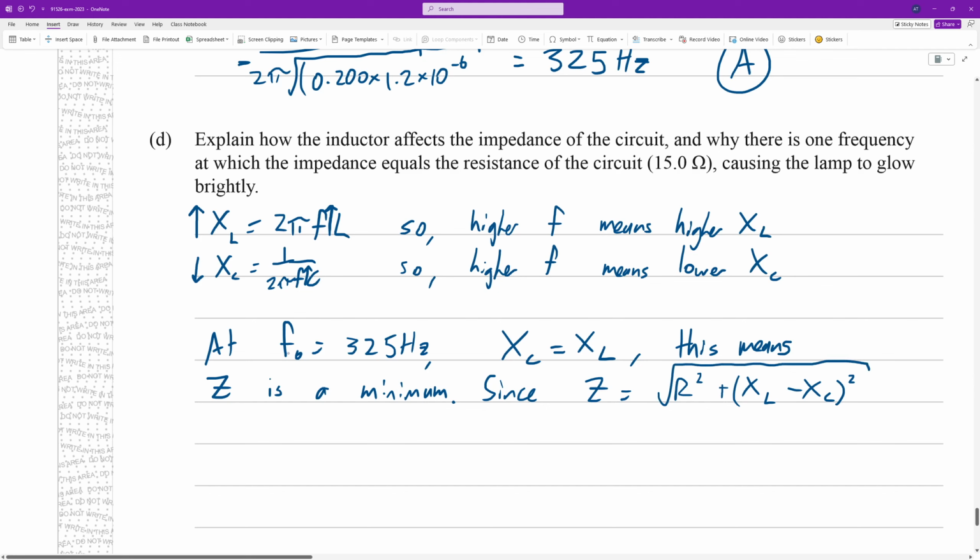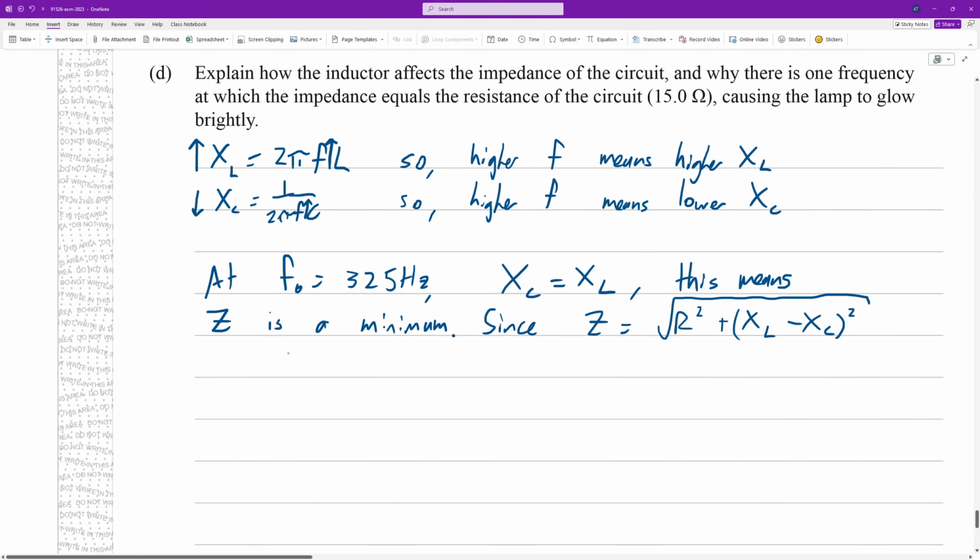And if inductive and capacitive reactances are equal, that goes to 0. And we're left with just the resistance as the impedance. Another way of explaining that is you could use your impedance triangle. Right, we have resistance, we have XL and XC, and these are equal, which simplifies to just pure resistance.